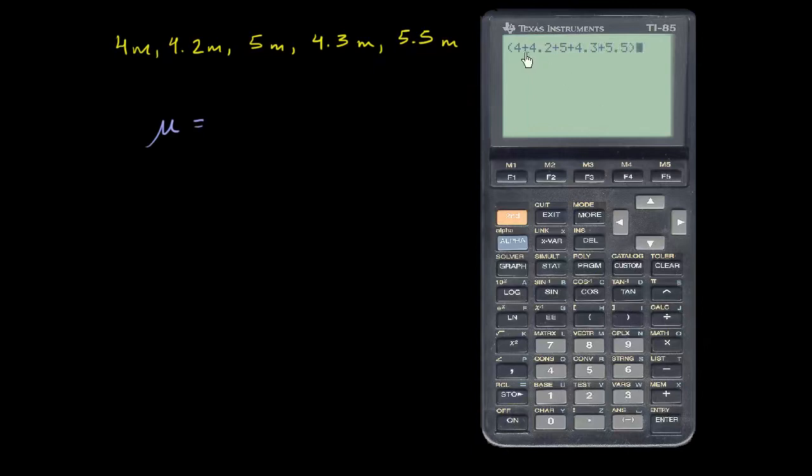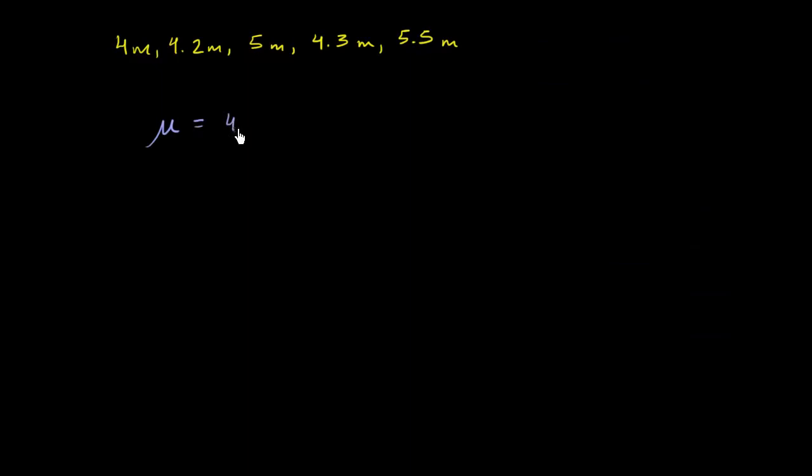And then I'm going to take that sum and divide by 5. I get an arithmetic mean for my population of 4.6. If we want to put some units there, it's 4.6 meters. Now, that's a measure of central tendency.